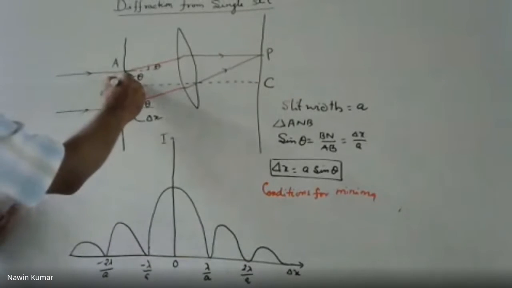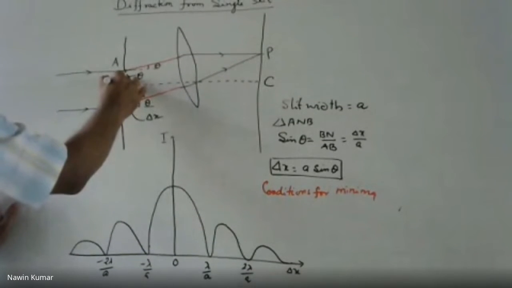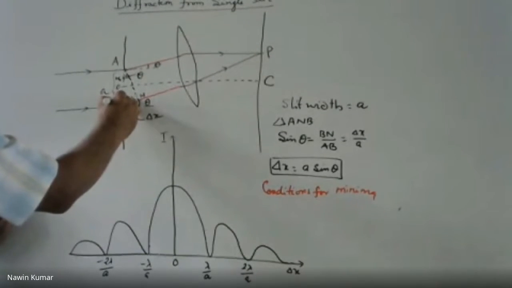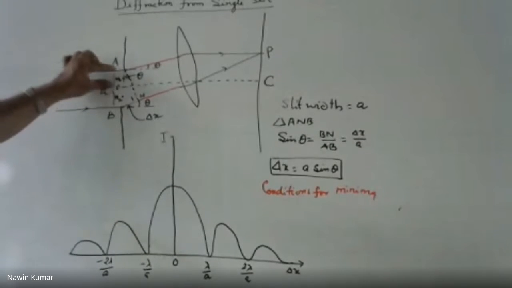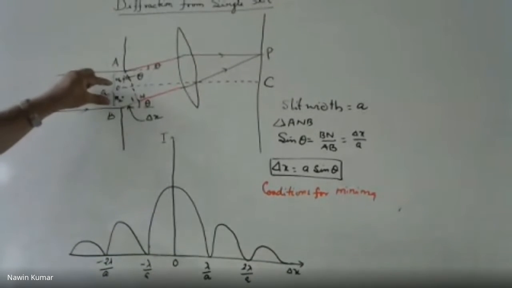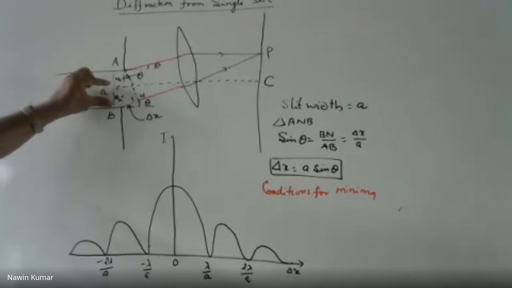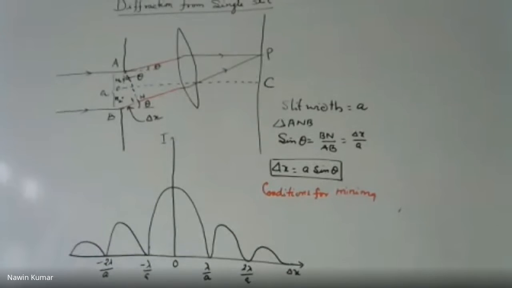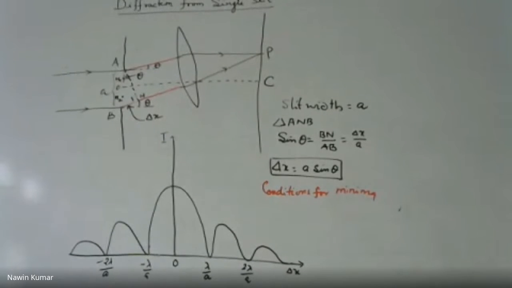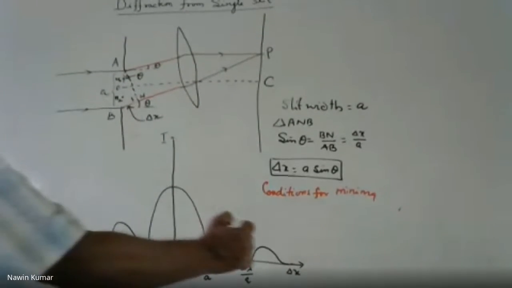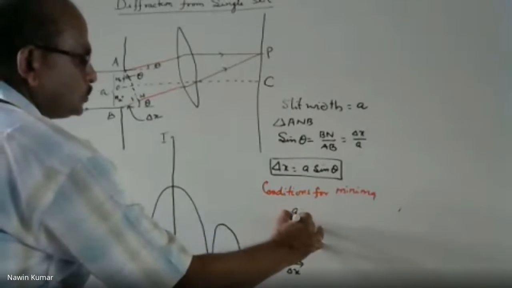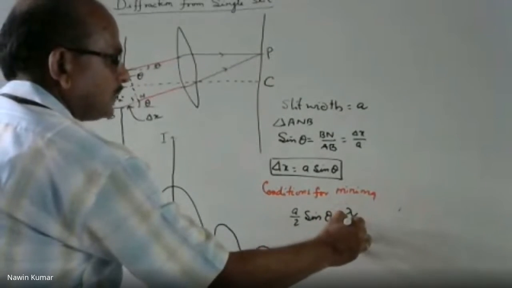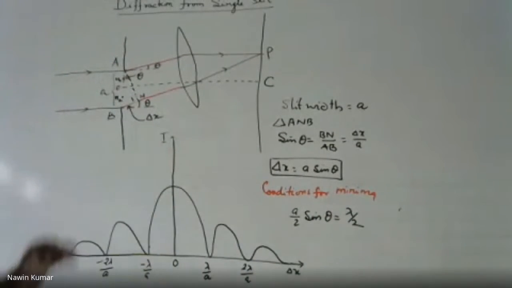We take a point M1 and another point M2, so that M1M2 equals AO, that is equal to OB. So the light reaching from M1 and M2 to P will have a path difference of A by 2 sine theta equal to lambda by 2.